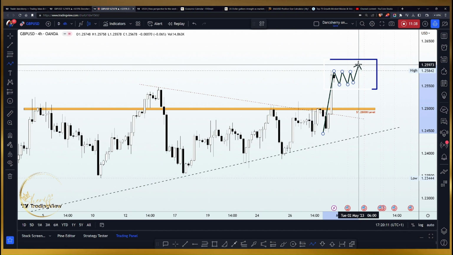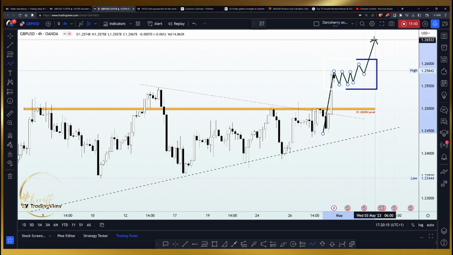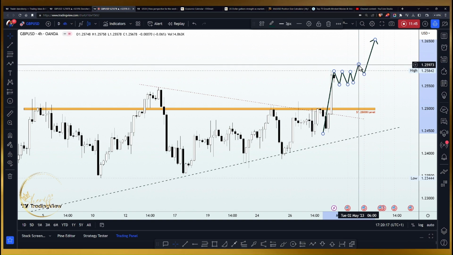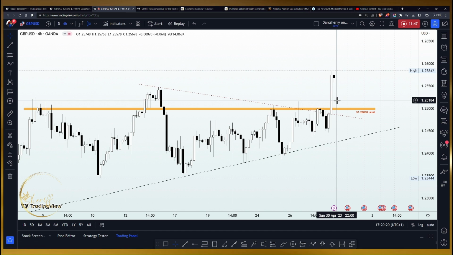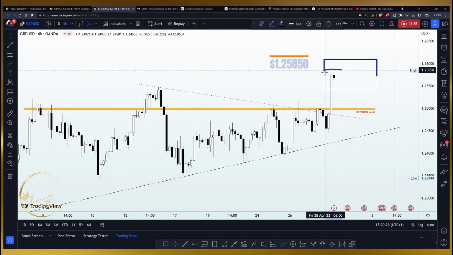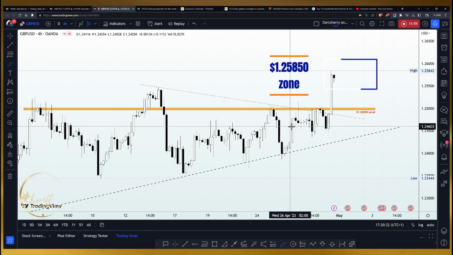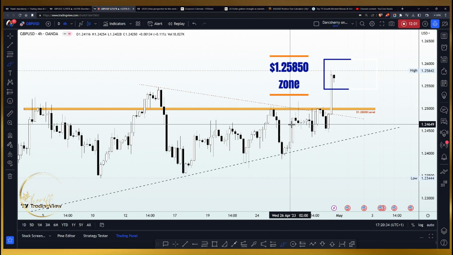Then a breakout of structure could incite the second wave of the bullish momentum. So these are the things I will be looking forward to based on this current structure at the beginning of the week. But most importantly, we want to see how price action will be reacting to the structure here at the 1.25850 level to decide what our next line of action will be.